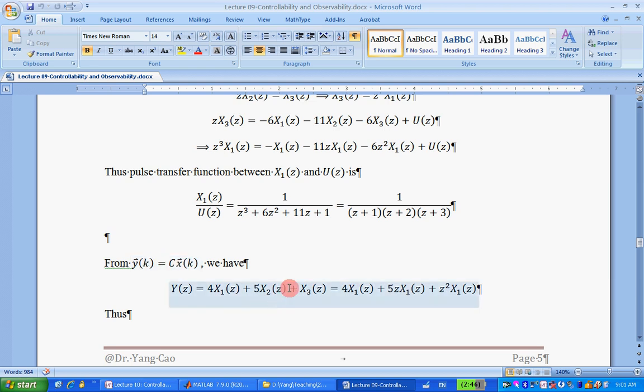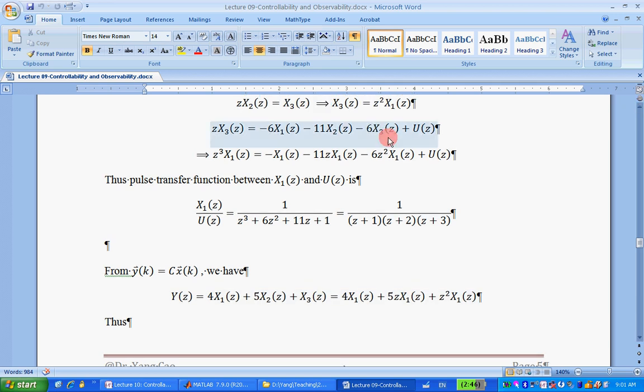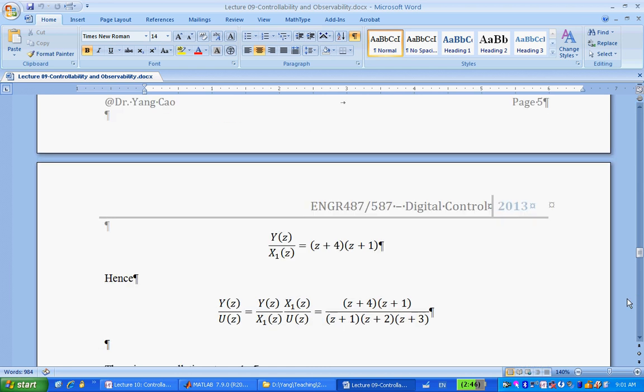But x1, x2, x3 are what's listed over here. So if you plug it in and reduce this simply in terms of x1, you can get a ratio between x1 and Y. Here is a ratio between x1 and U, and here is a ratio between Y and x1. So altogether, you get Y and U, the pulse transfer function, which is this.